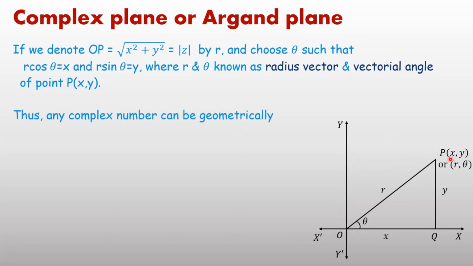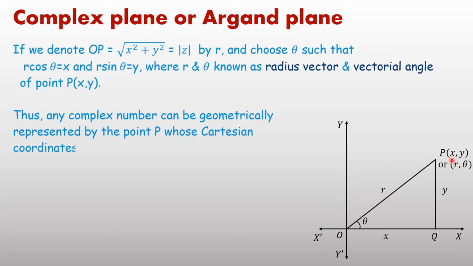If we are using x and y for a complex number, then the coordinates of point P we can write as x comma y, and in polar form we can write the coordinates of point P as r comma theta. It implies x comma y are known as the Cartesian coordinates of point P, and the polar coordinates of point P we can write as r, theta.